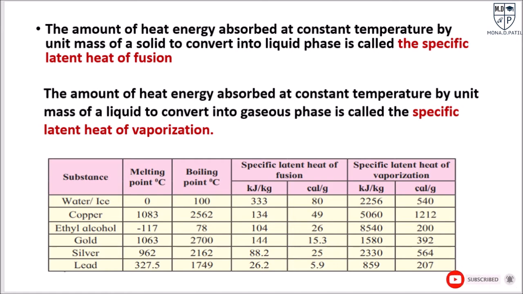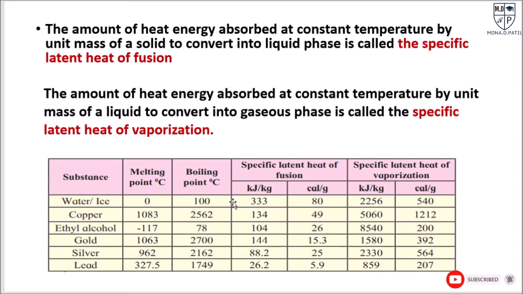Here are some examples of substances with their melting point, boiling point, and specific latent heat in kilojoule per kg and calorie per gram, and the specific latent heat of vaporization in kilojoule per kilogram and calorie per gram. You can see in this table, for water, ice has melting point 0 and boiling point 100.